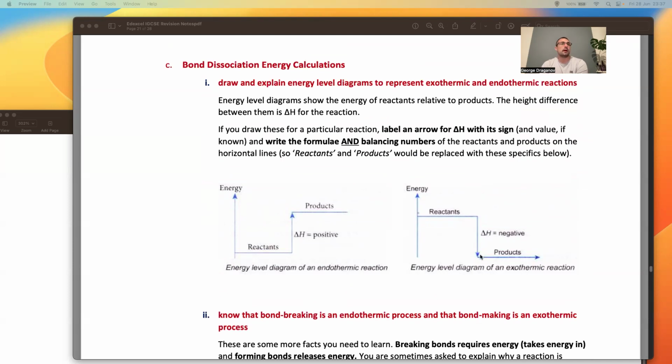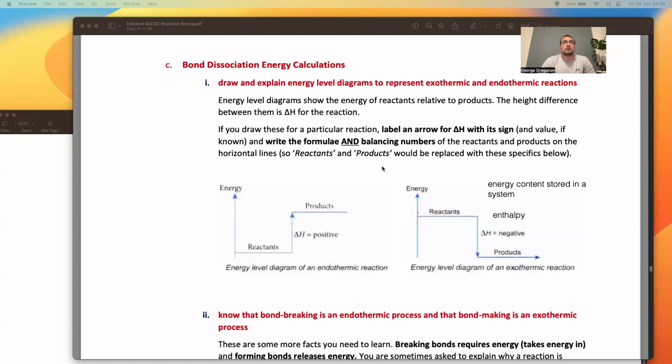And the arrow points down. We call this a negative energy change or a negative enthalpy change. So triangle H officially means enthalpy, which simply means the energy content stored in a system. That's what it means.